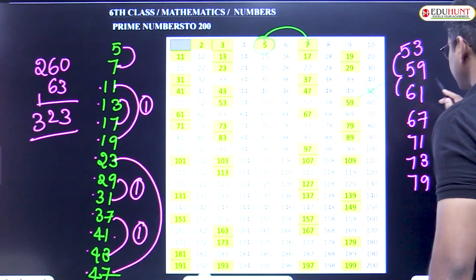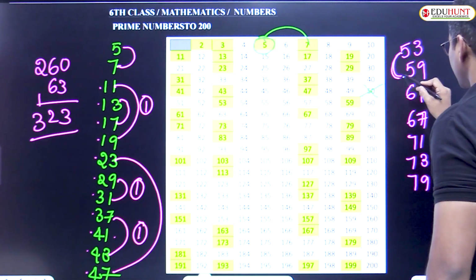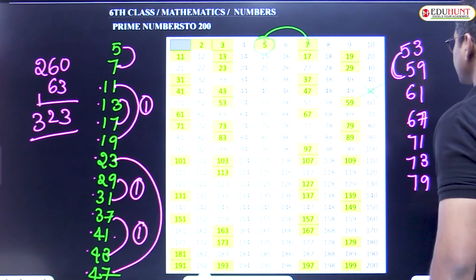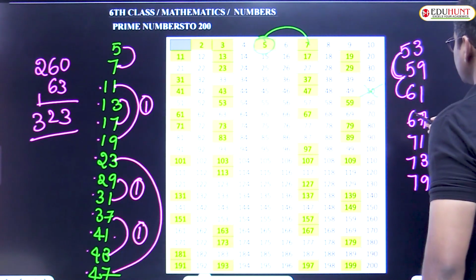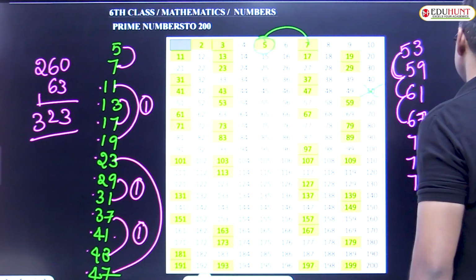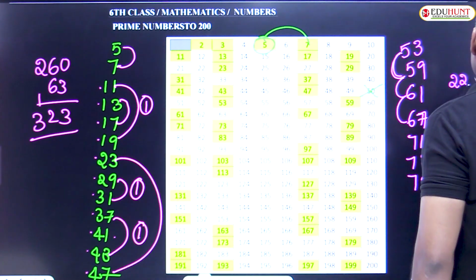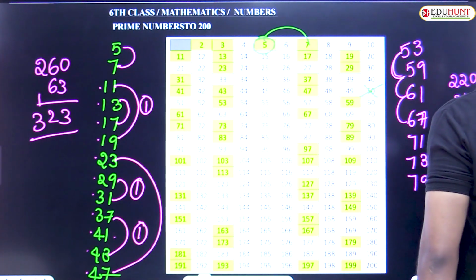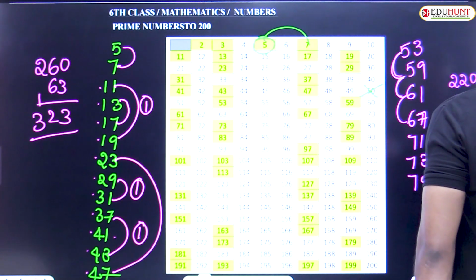100, 160, 50 plus 50, 100, 160, 160 plus 60, 220, 220 plus 210, that is 430.